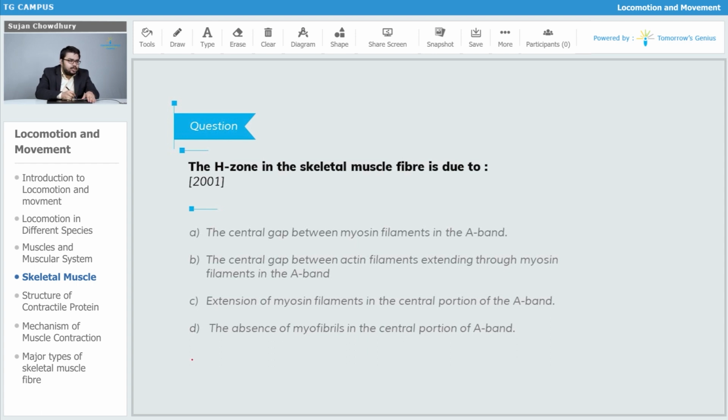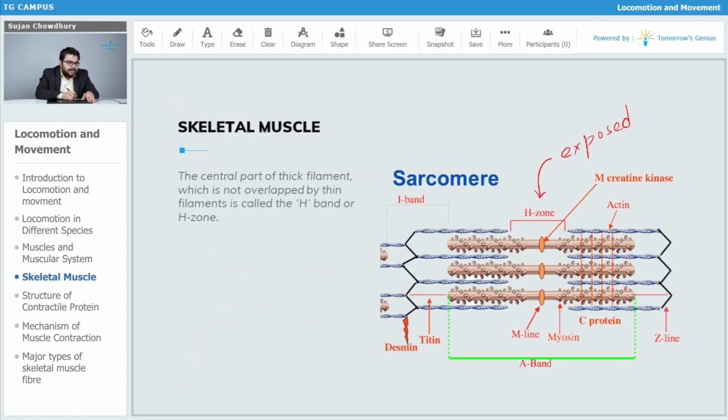Let me help you recall the things completely. So here you can observe the A band. This is the A band. These are two consecutive Z lines, Z line number 1 and Z line number 2 here. In between the two Z lines we get our sarcomere, which we are studying. So actin is not fully continuous.